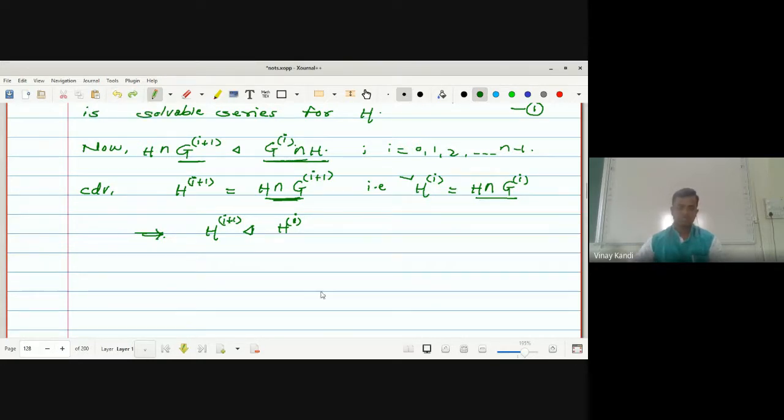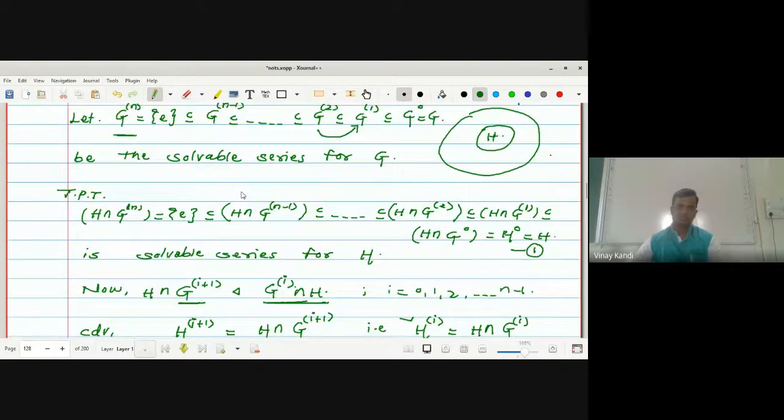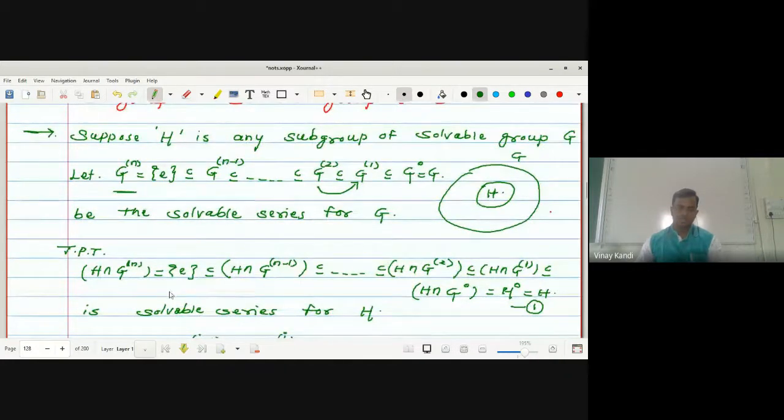Now let us define one mapping. Now here we get this one is a normal subgroup of this one, and this one is a normal subgroup of the next one. This one is normal in this one.